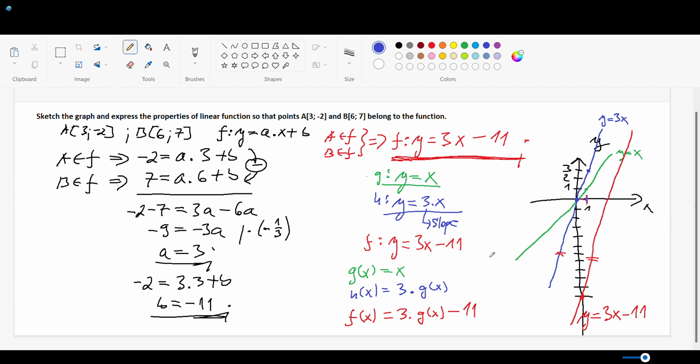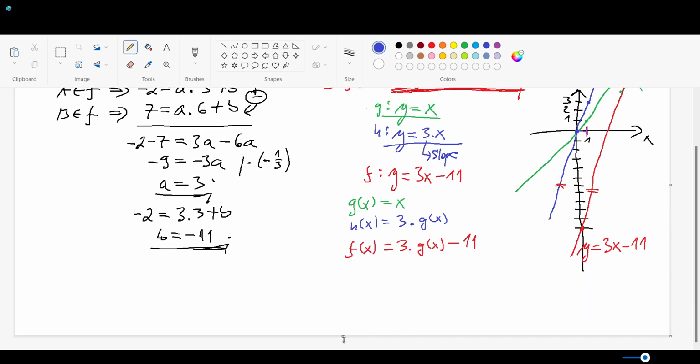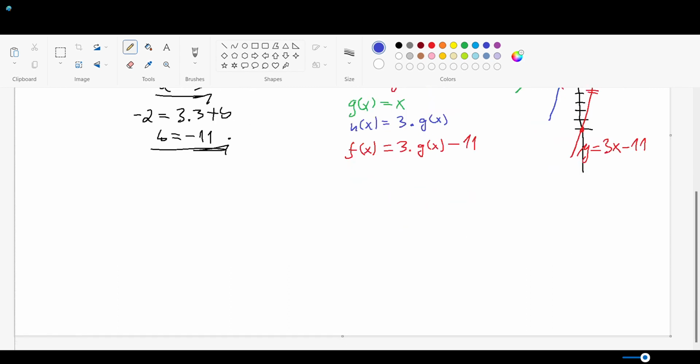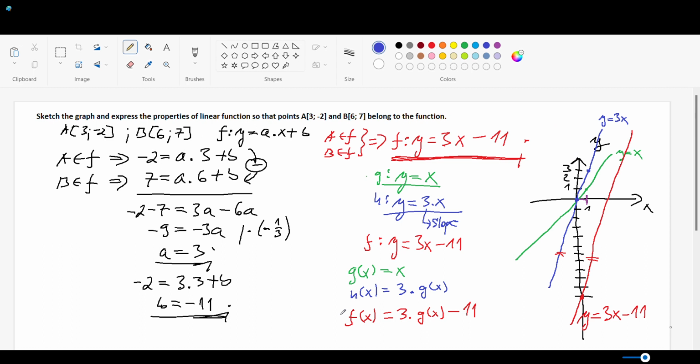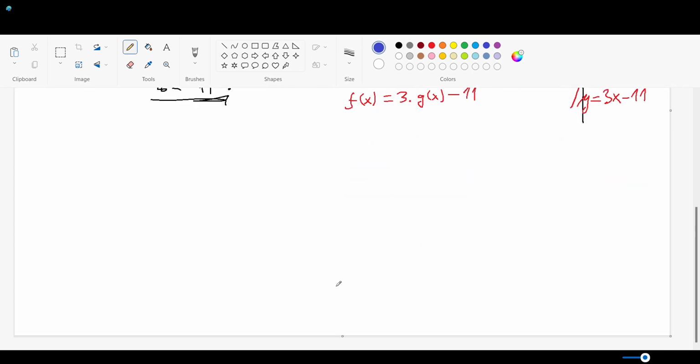Now the last thing we want to do in this exercise is to express all the properties, and when we do so, I will also explain how to find the intercepts of our function 3x take away 11. We will start with the properties.